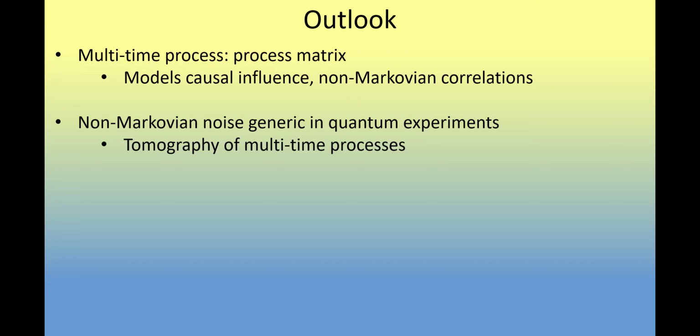Of course, in most applied situations, we will probably have some middle ground where we have some information about our system-environment correlations, which hopefully would allow us to characterize the system without the full tomographic reconstruction, because this can be very expensive if you consider many, many times.